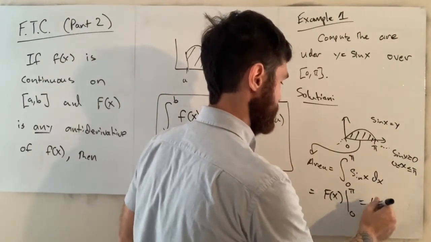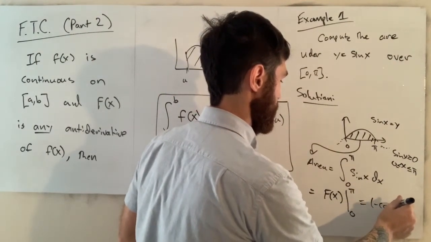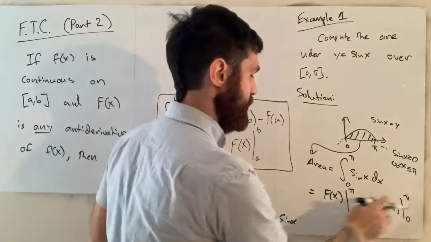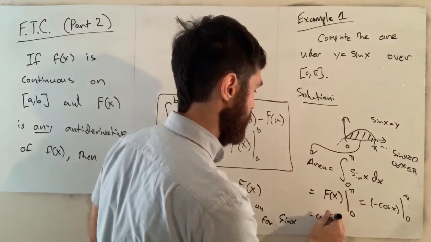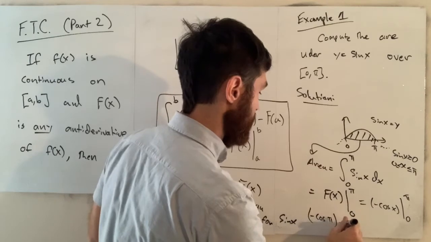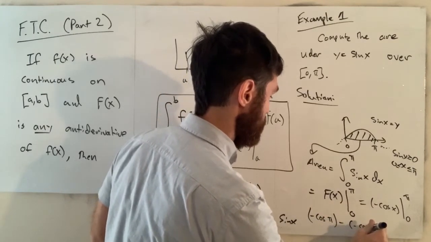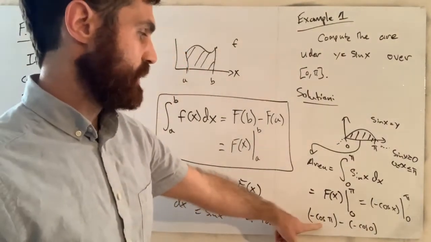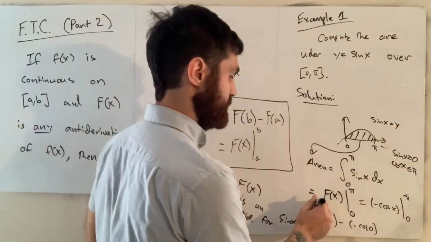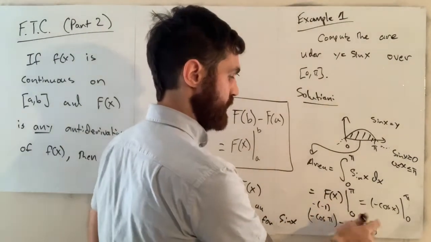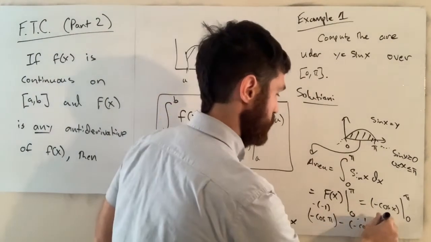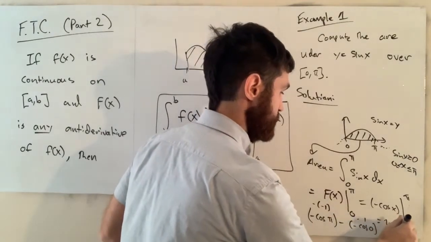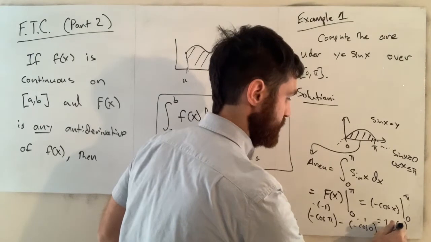So I'm going to rewrite this as negative cosine x, evaluate that from 0 to pi, and this means I'm going to do negative cosine of pi minus negative cosine of 0. And now I have to remember my cosine values. Well, cosine of pi is negative 1. Cosine of 0 is 1. So what I'm going to get is negative 1, minus negative 1. So that's going to give me 2.